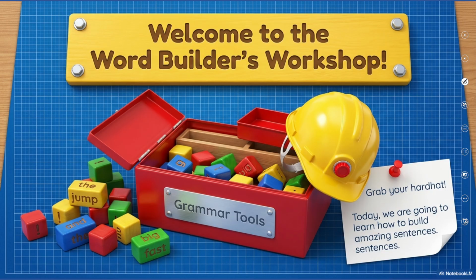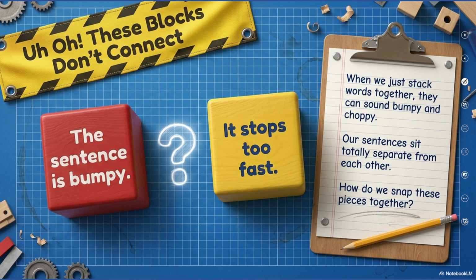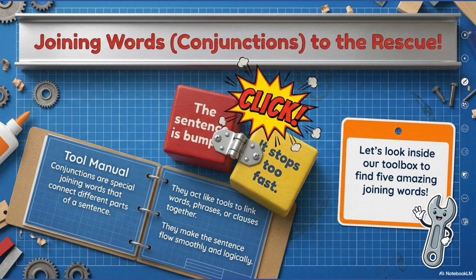So joining words are very important tools in grammar. One has to learn a lot of joining words. Why? Because sometimes the sentence is bumpy. It stops too fast. So, to overcome this problem, we need to have some sort of joining word in between to have a long and complex sentence.